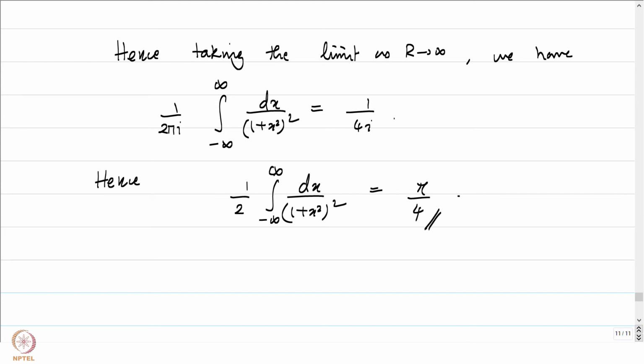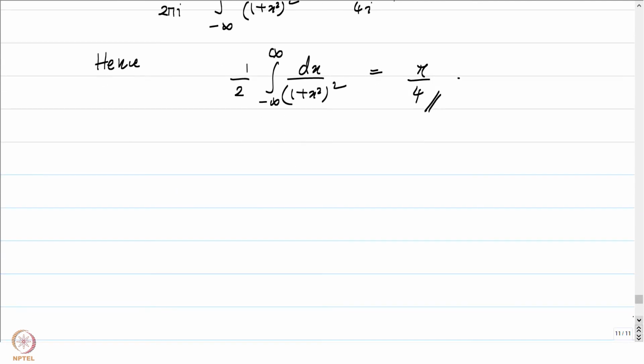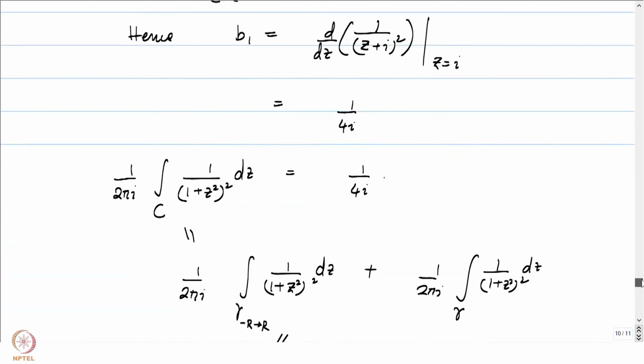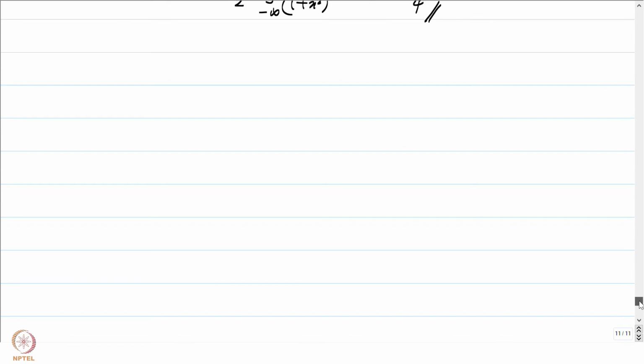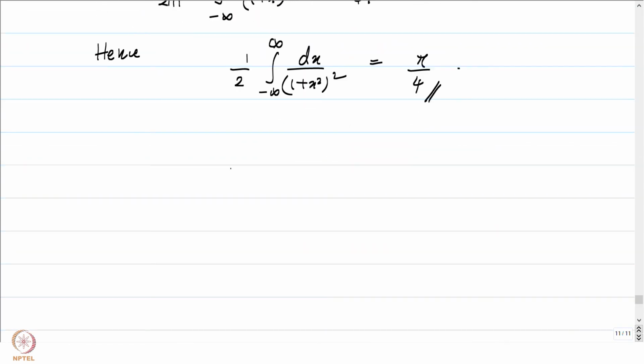So, a seemingly difficult integral to compute is being computed by using the power of residues, and we get a concrete answer. In fact, we can slightly modify this problem and compute the integral when we have an e to the power ix lurking at the top, from say minus infinity to infinity.